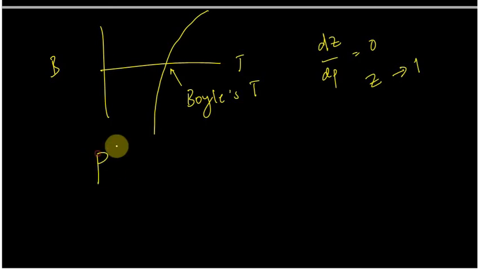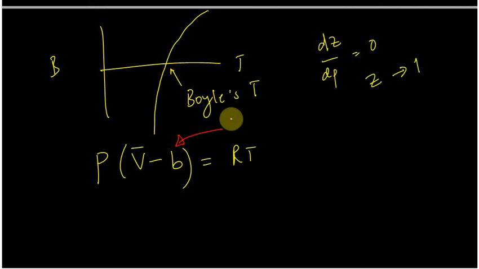Then I would say that my ideal gas equation could be changed like this: V minus some B is equal to RT. And let's say that this B is some kind of a volume of the total number of molecules.